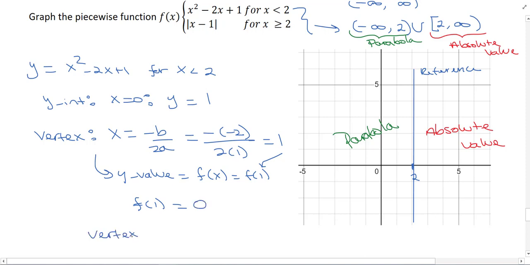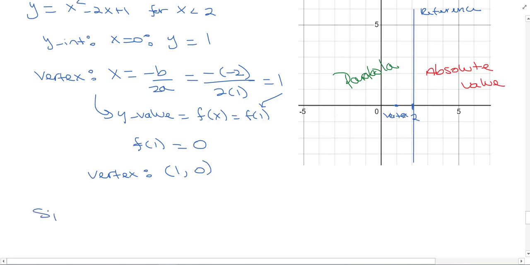So then I know that the vertex of this parabola has x value 1 and y value 0. So I'm going to be over here, so that's the vertex at (1, 0). And I want to know what is the value at 2, my split point.